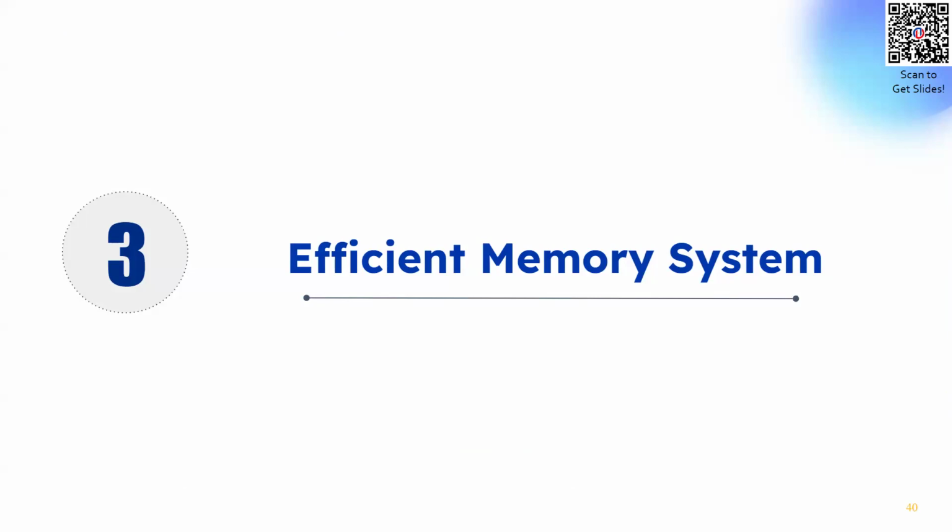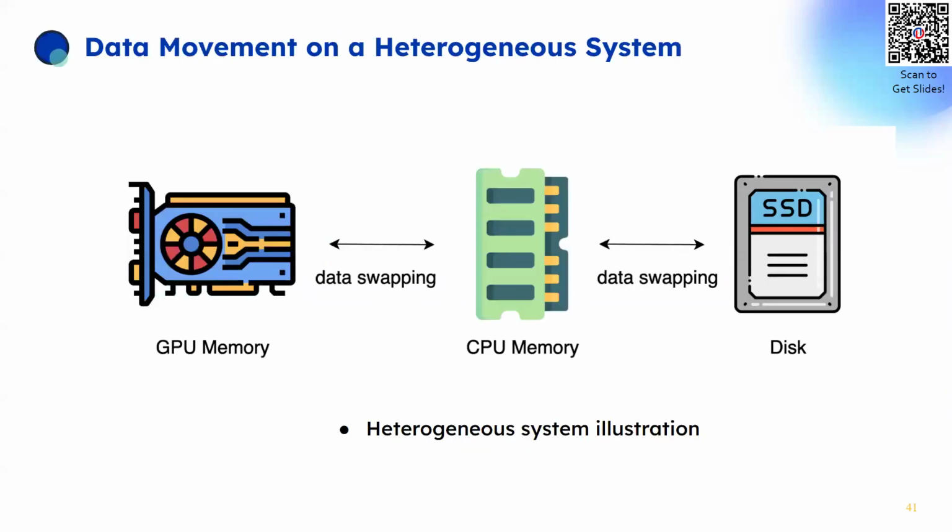So now the final part of the technical part is the efficient memory system. That's today's GPU software architecture. We have the GPU memory, the CPU memory, and also NVMe memory. So here it's very interesting. GPU memory, we only have roughly 100 GB, but CPU memory is much larger.